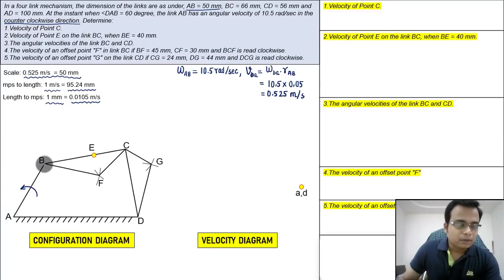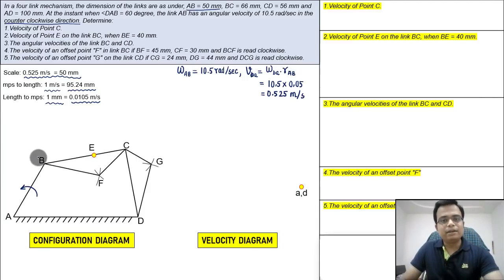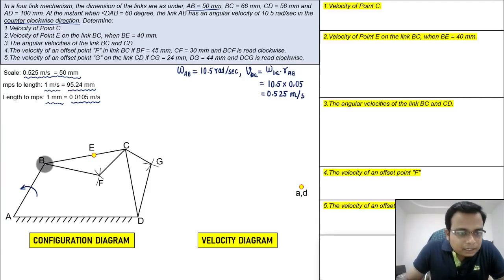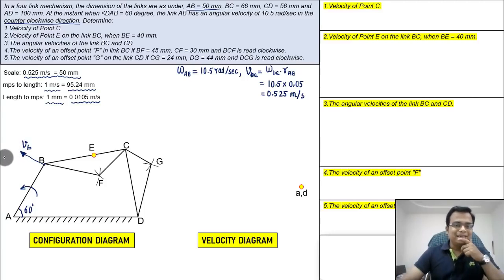If it completes one revolution, this point B will make a circle. Somewhere here at an angle of 60 degrees, it is going to have a direction. This is going to be the direction of velocity B, isn't it?